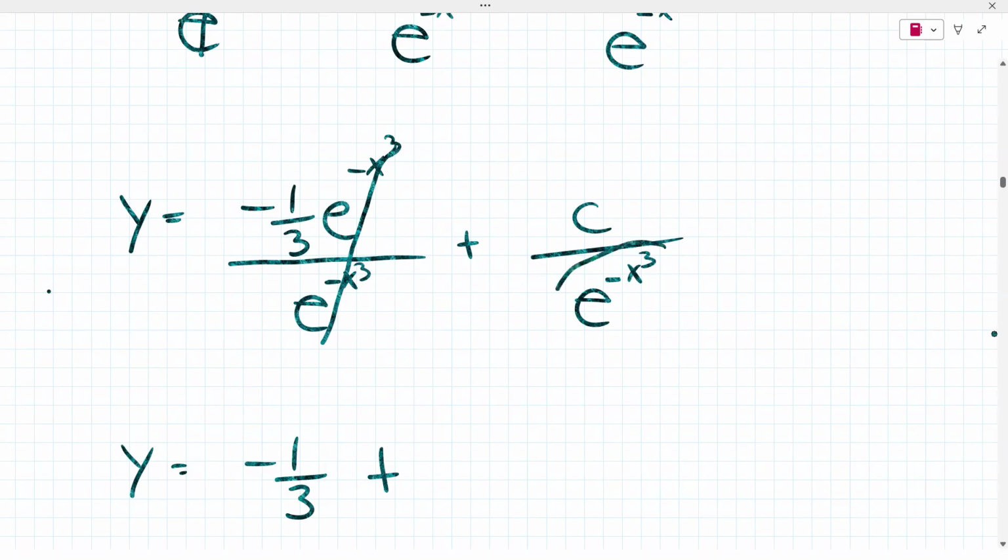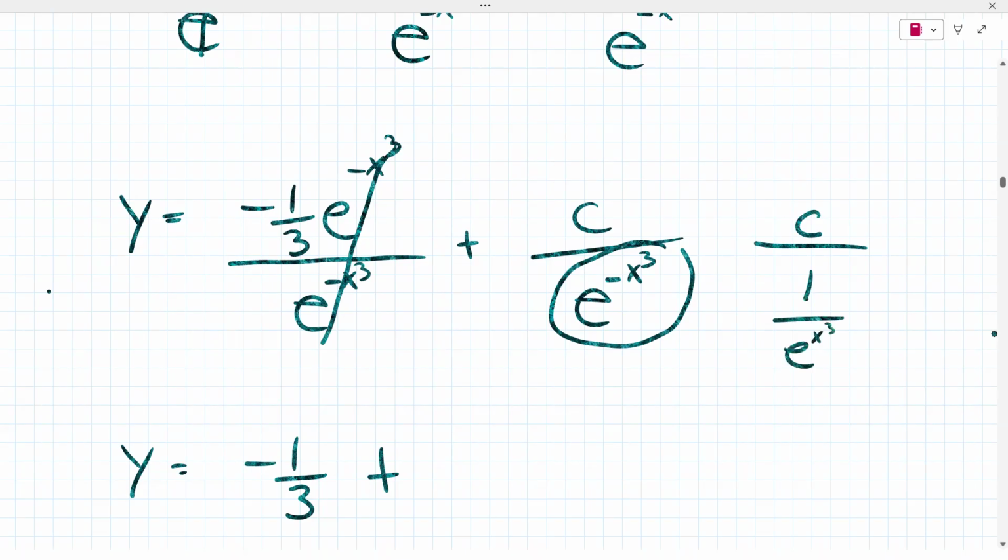So how can I rewrite this? We have an e, and this is a negative in the denominator. If you simplify this even more, this now becomes positive x cubed, right? Because c over e to the negative x cubed is the same thing as c over 1 over e to the x cubed.